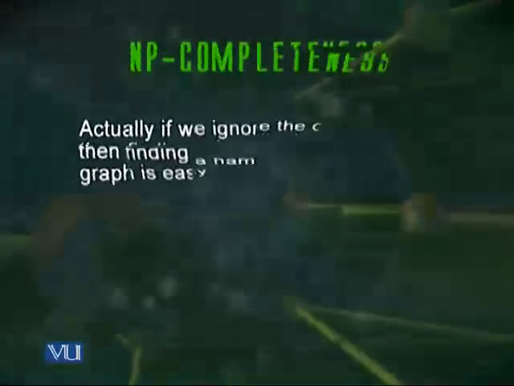Thus, phi is satisfiable if and only if G sub phi has a Hamiltonian path from S to T. So this graph is what we are looking for. The map taking phi to G sub phi is the reducibility we have been looking for.